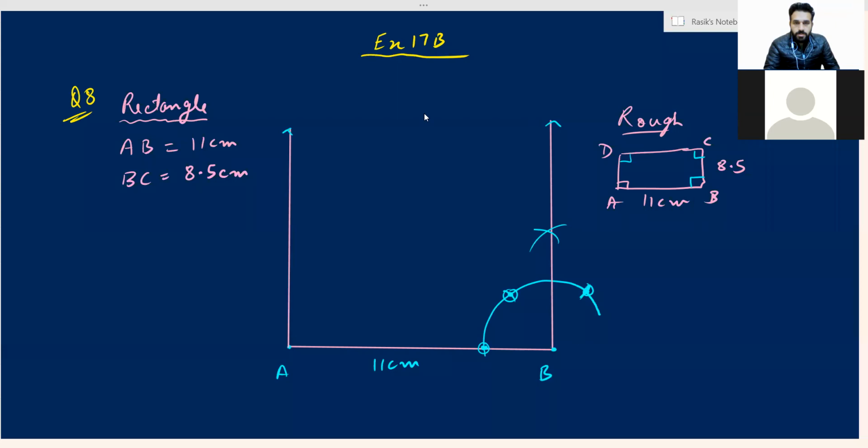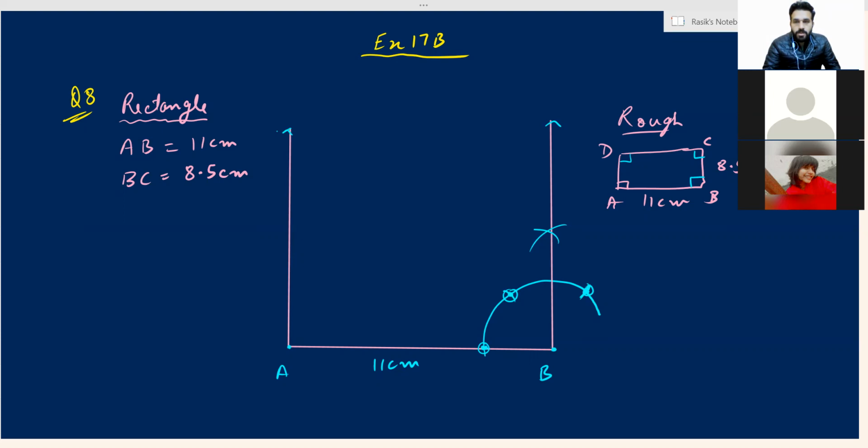Please write in the chat box. Yes, just a minute.